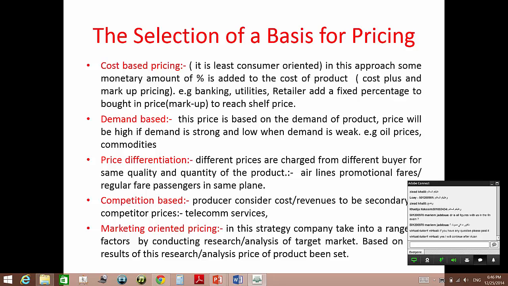Next is the competition-based pricing. In competition-based pricing, the company might be a price maker or a price taker. If the company is a price maker, then the company is the dominant company in the market.